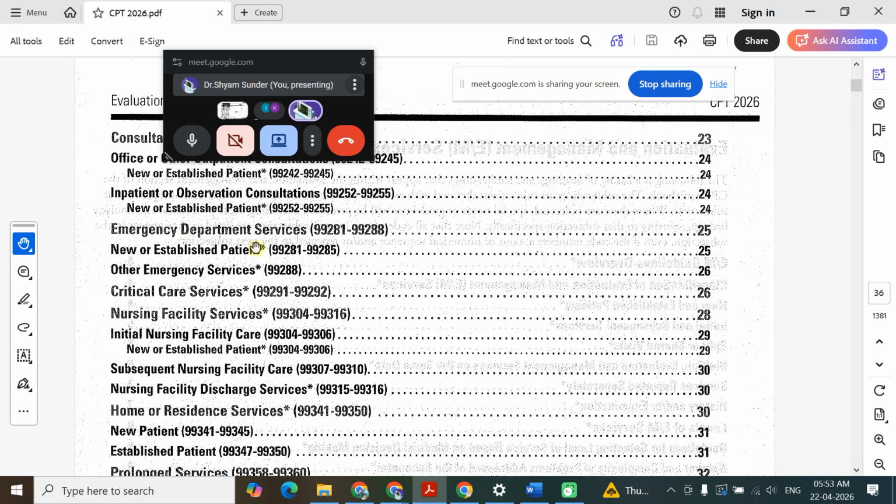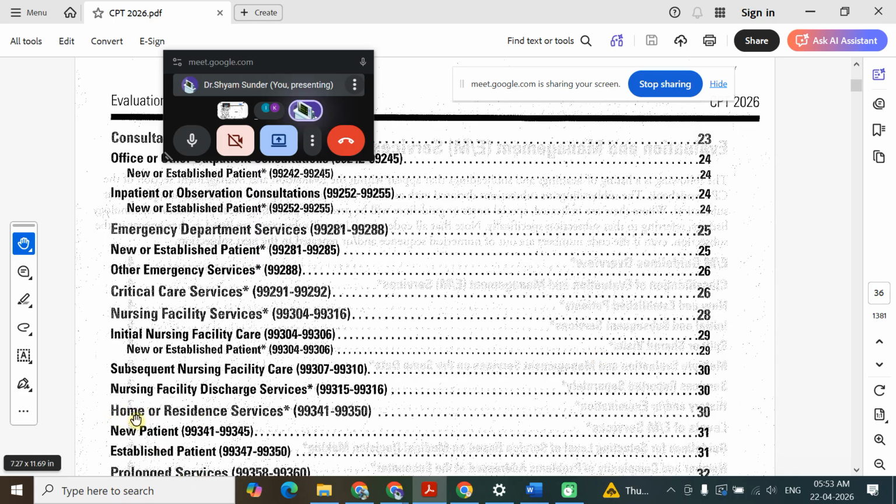Let us go to emergency department. Please go to emergency department codes. If we choose the place of service home, that's not only the case in emergency cases; in general, it also happens that home becomes the place of service.